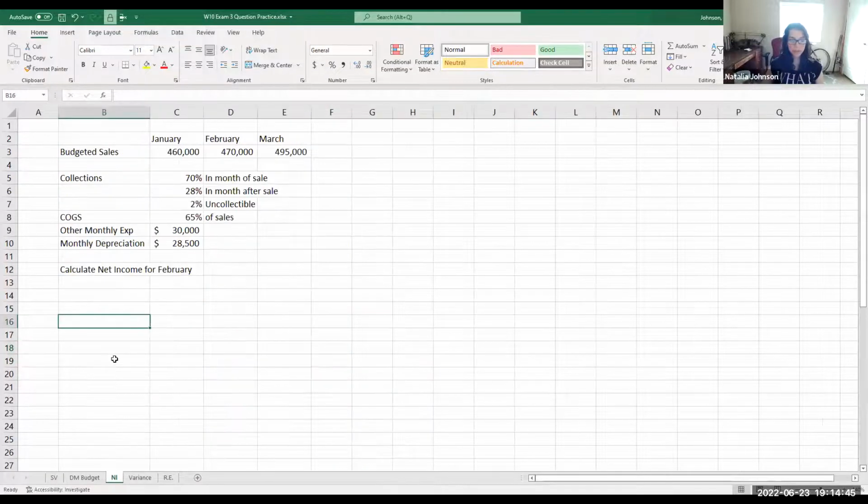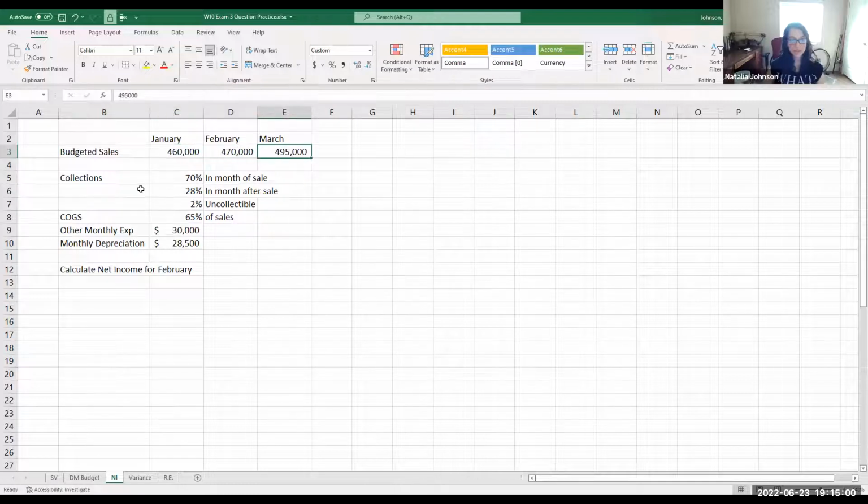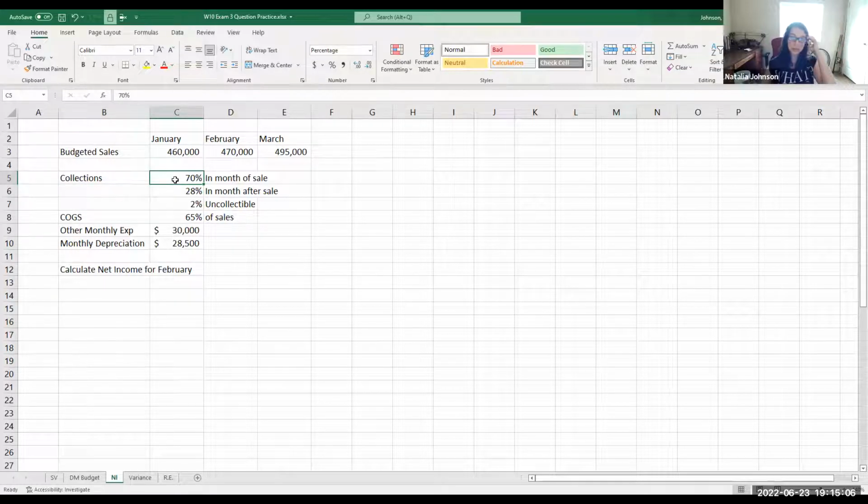There will be a net income question. Like this one, they will give you 3 months, I think, maybe 2, and the budgeted sales for each month. Then they will say the percentages of collections, like in this one is 70% collections in the month of sale, 28% in the next month, and then 2% is uncollectible.